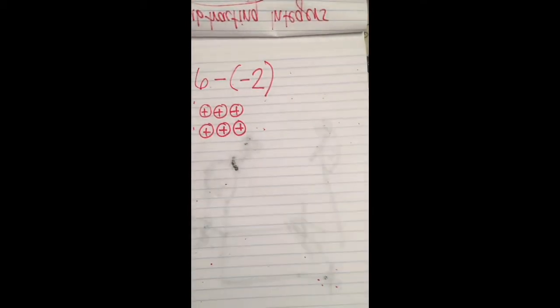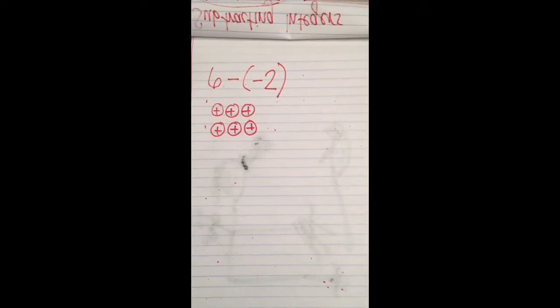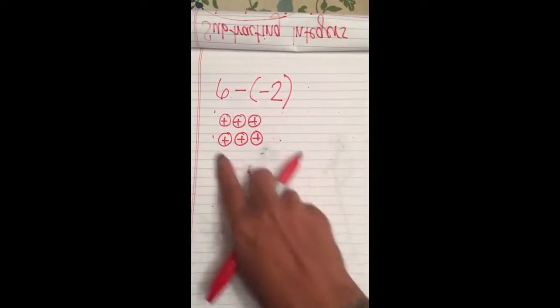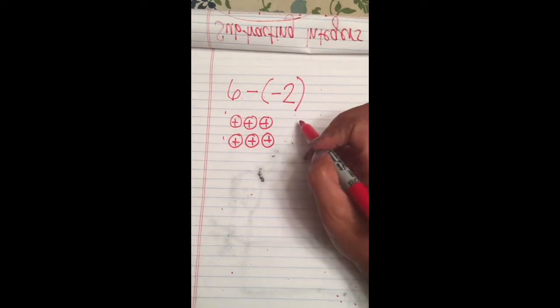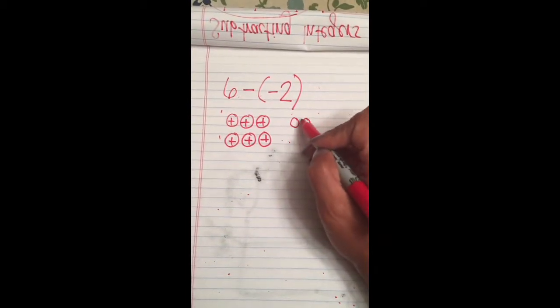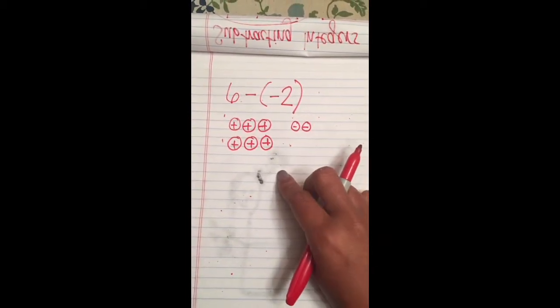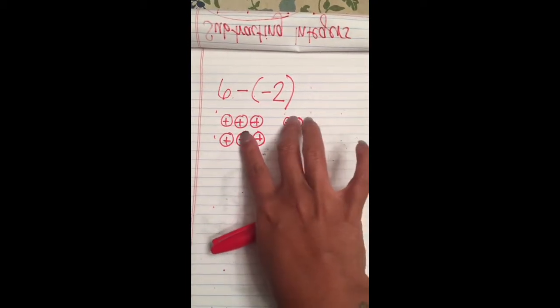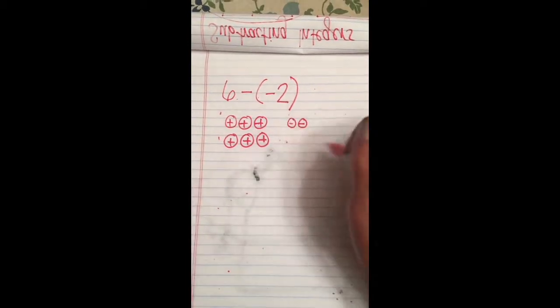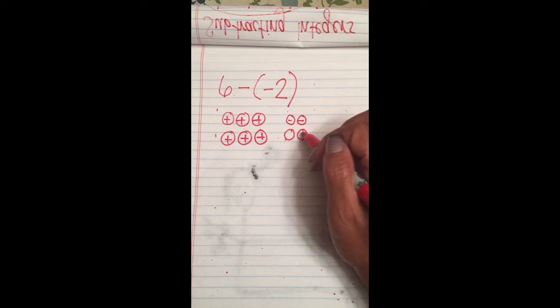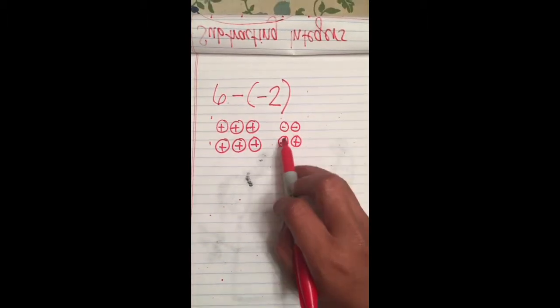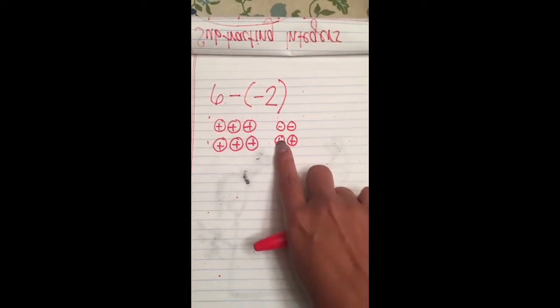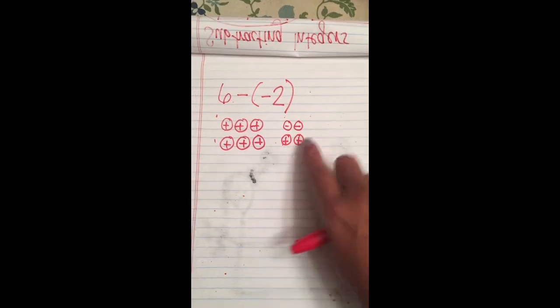So in this case, we're going to do something called zero pairs. I need this to equal 6. So what if I put in some negatives? But if I leave it like this, these 2 are going to cancel and I'm really going to have 4. So to balance it out, I'm going to also add 2 negatives. So it keeps it balanced. I'm having it all together.